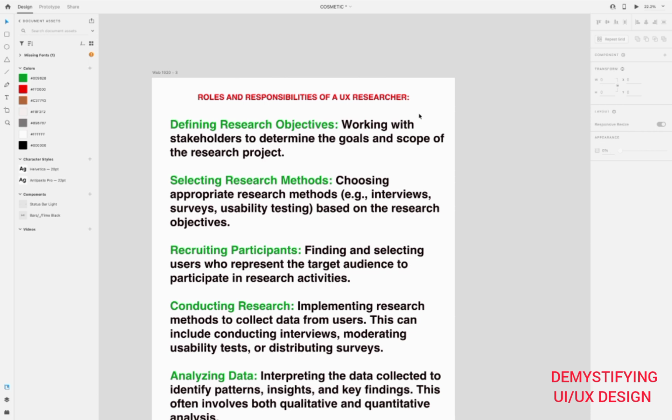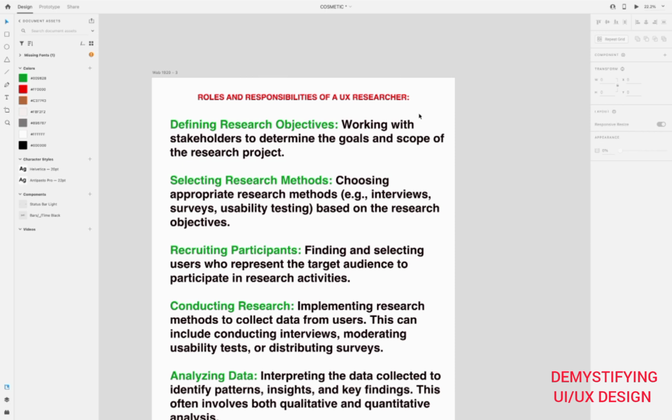As a UX researcher, you are working with the stakeholders, that means the owner of the app, the website, or the system you're working on, to determine the goal, to really know what they want in the particular project and how they want the project to function. That is your main goal. I'm trying to wrap up this class because I don't want to bore you with too much talk, and I don't want it to be too long.